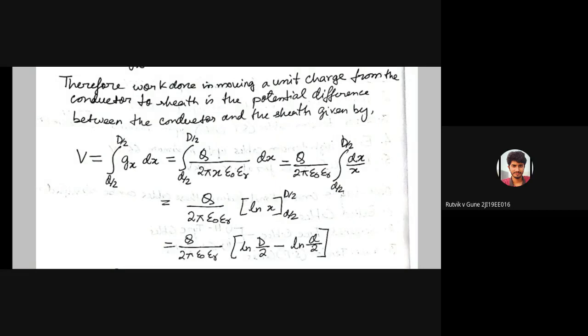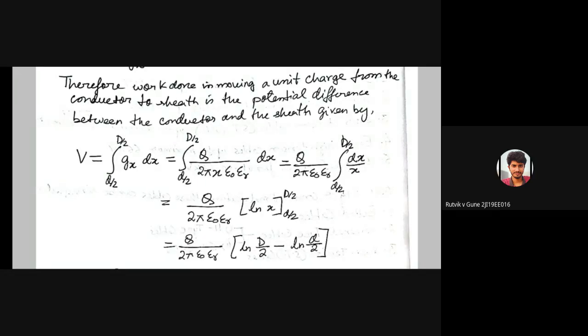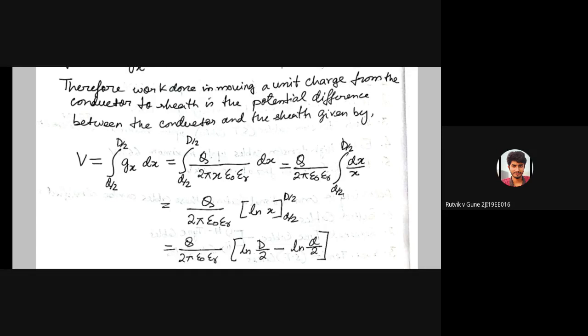The work done in moving a charge is nothing but the voltage, because potential actually means voltage. Therefore, the work done in moving a unit charge from the conductor to the sheath is the potential difference between the conductor and the sheath.